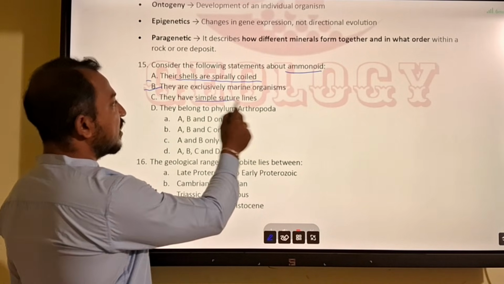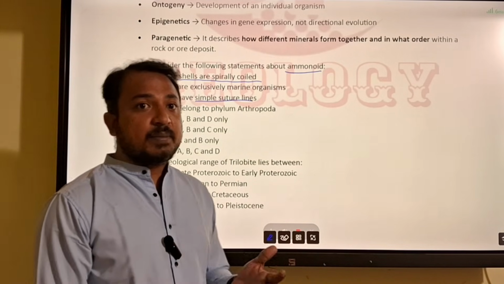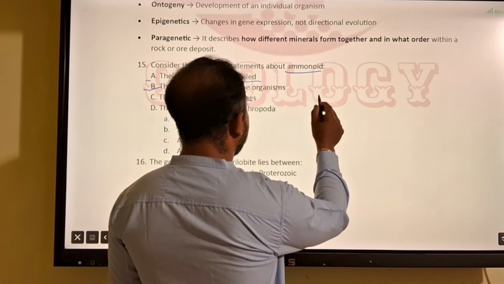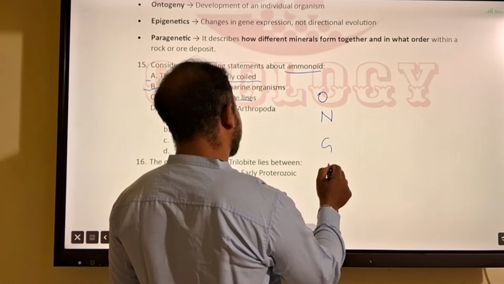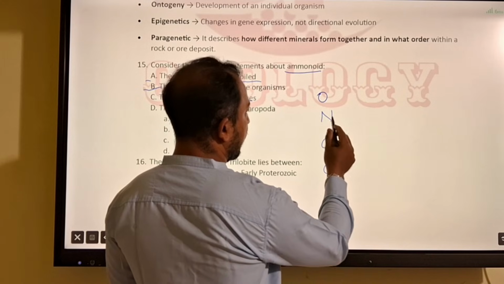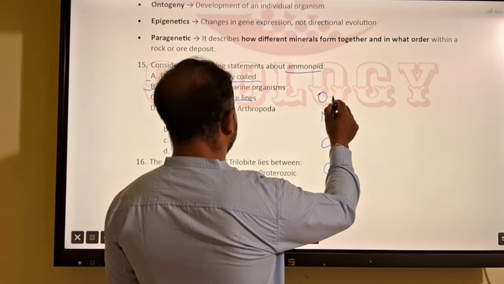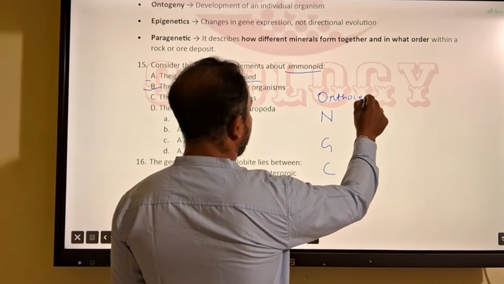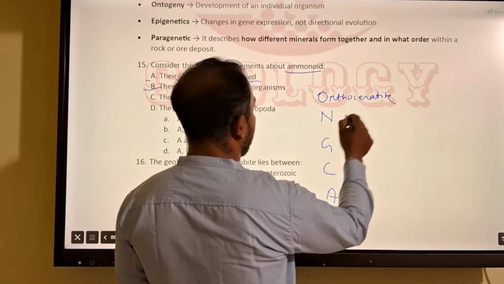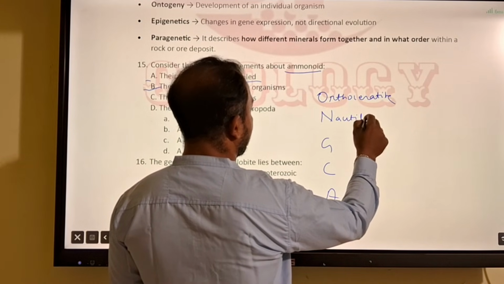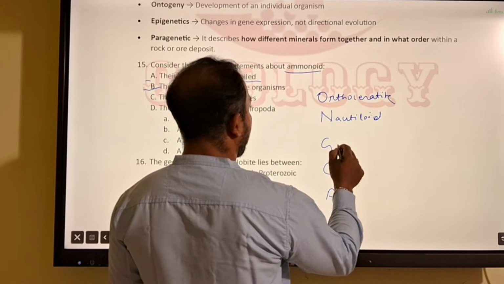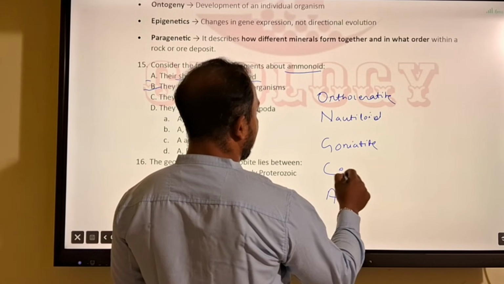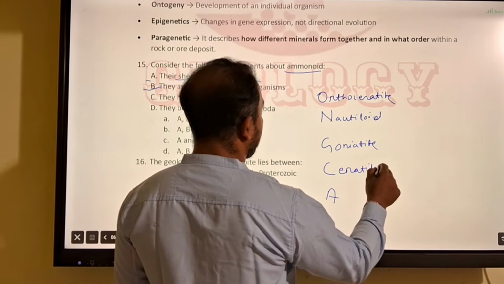They have simple suture lines. In cephalopods, the suture line is very important. There are 5 types of suture we'll study. Remember ONGCA: orthoceratite, then nautiloid, then goniatite, then ceratite, then ammonoid.